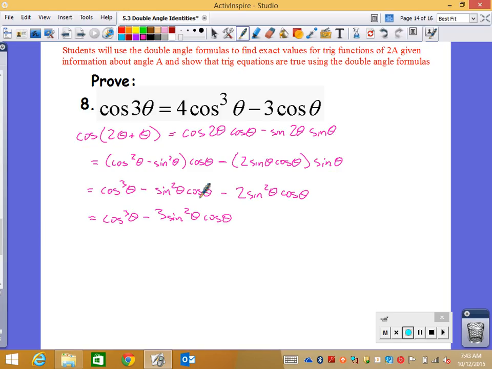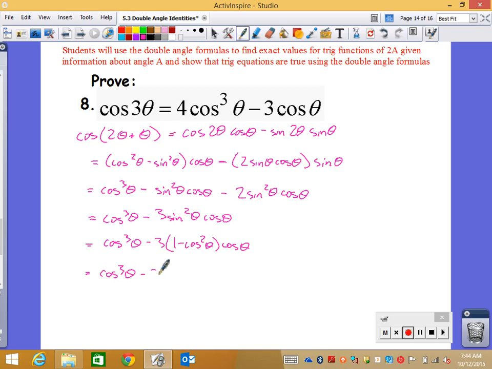Now right now I have the sine squared theta in there. At the very end of the day, I want only cosines. So I'm going to rewrite sine squared theta as 1 minus cosine squared to get rid of sine. So this cosine cubed theta stays the same, minus 3 times 1 minus cosine squared theta, times cosine theta. Now again, distribute everything out. I have a 3 times a 1 times a cosine theta.